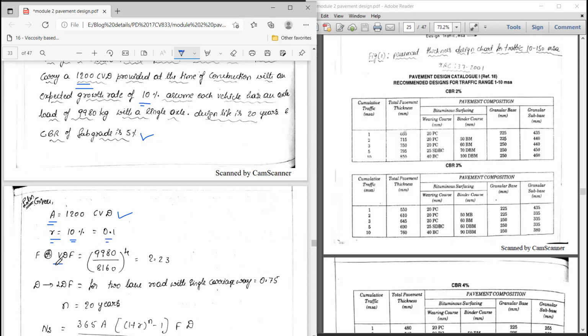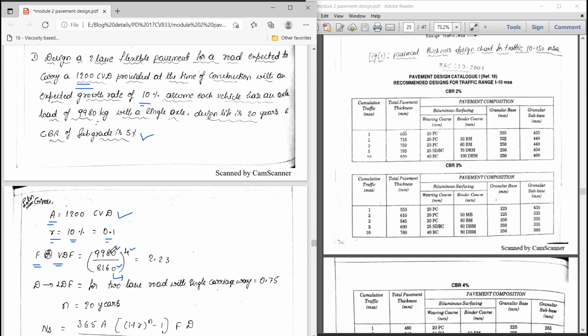Then you have to note down the vehicle damage factor, that is the F value, which is calculated as axle load divided by standard axle load, to the power of 4. Okay, guys, remember, since he had given the axle load in terms of kg, in the denominator you also have to substitute the standard axle load in terms of kg only. That's why 8,160 kg.